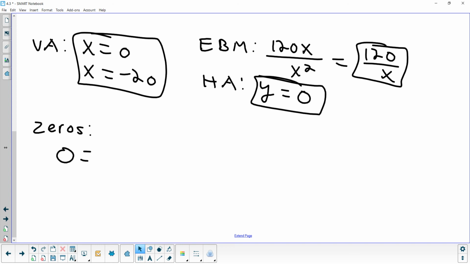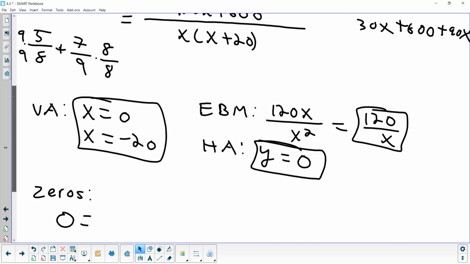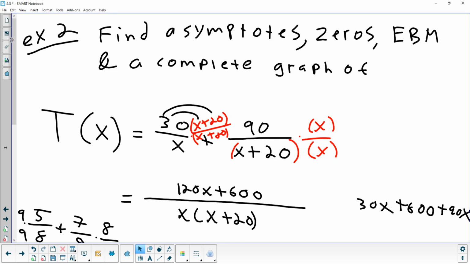Remember, to find roots, you're basically finding the x-intercept. That's what a root is. The x-intercept is when y equals 0. The only way that a fraction can ever equal 0 is if the top is 0.